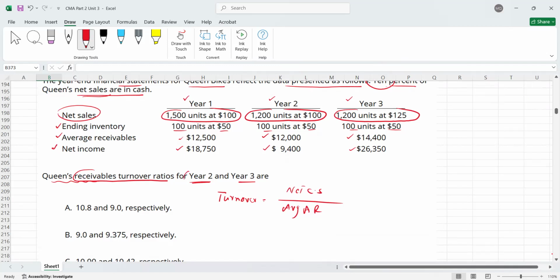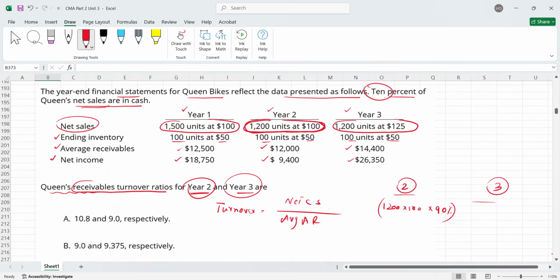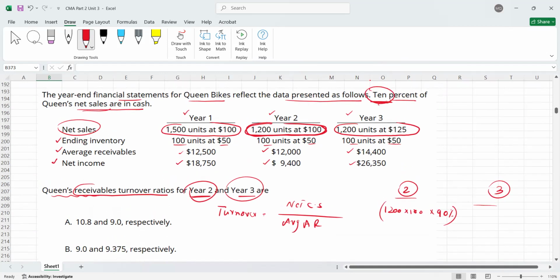Because he's asking for year 2 and 3, this is for year 2 and this is for year 3. Net credit sales for year 2: the net sales is given, 1200 units at 100 each, multiplied by 90%. Why 90%? Because 10% of the sale is a cash sale, he told you here. It means 90% is the credit sale.